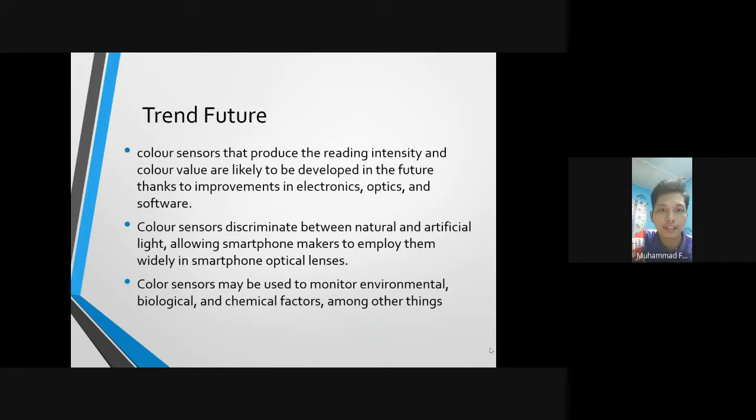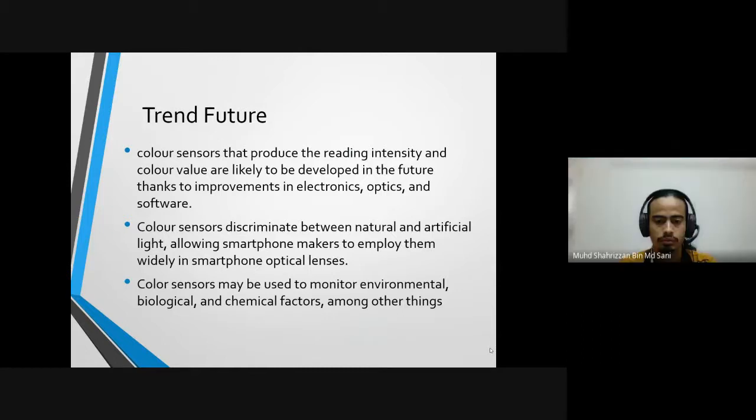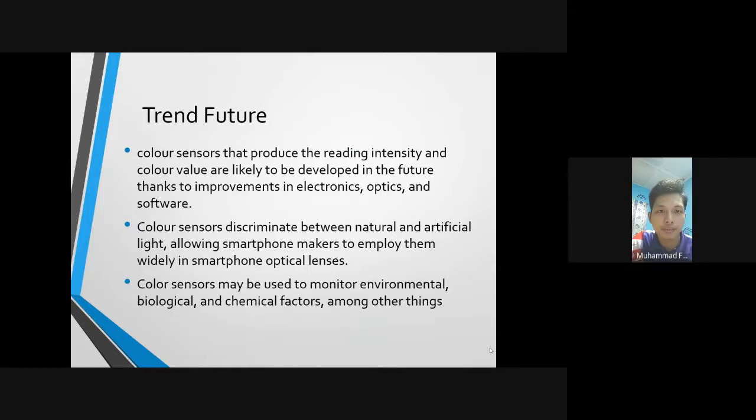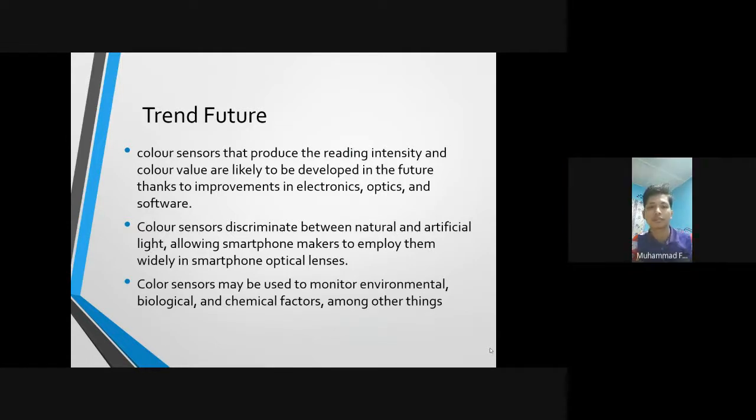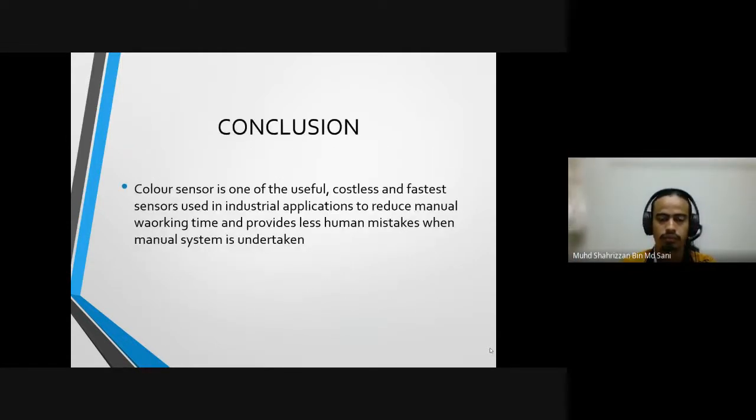Color sensors can discriminate between natural and artificial light, allowing smartphone makers to employ them widely in smartphone optical lenses. And lastly, color sensors may be used to monitor environmental, biological, and chemical factors, among other things.